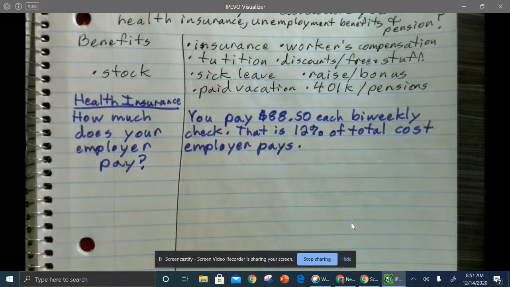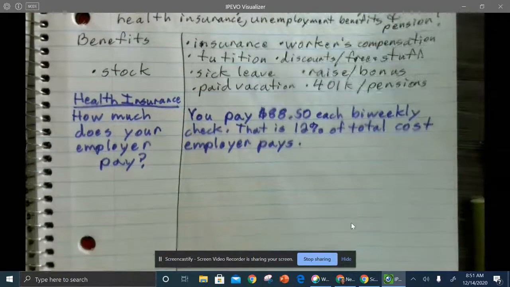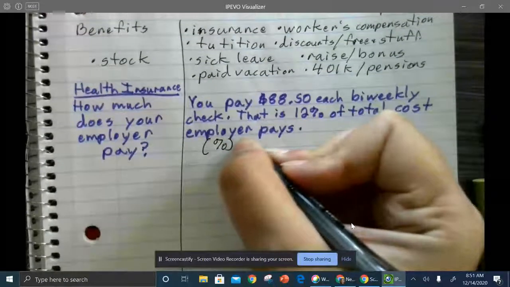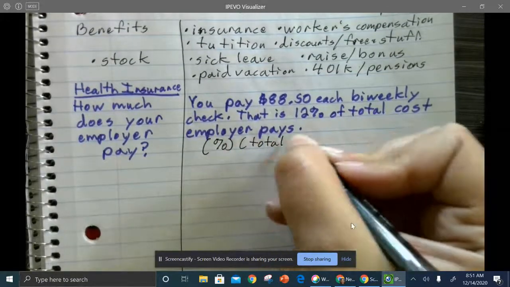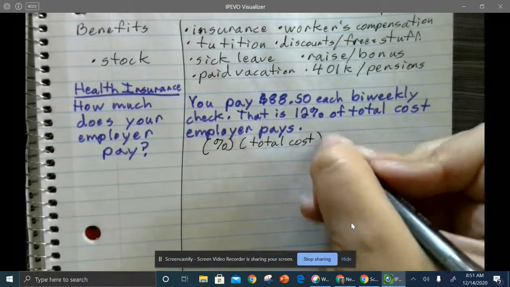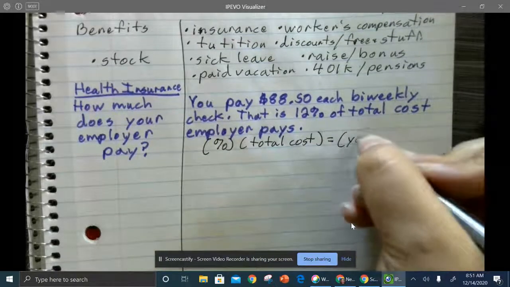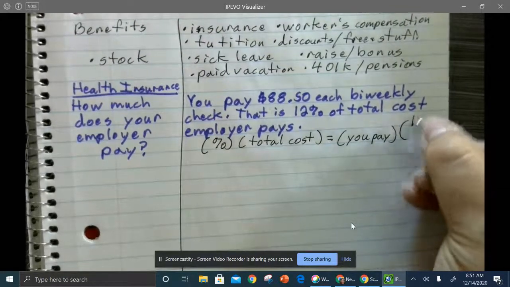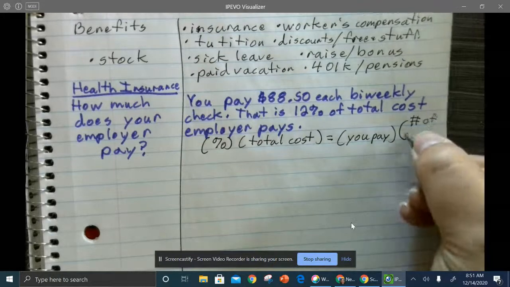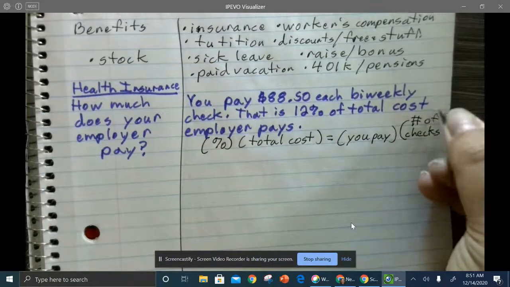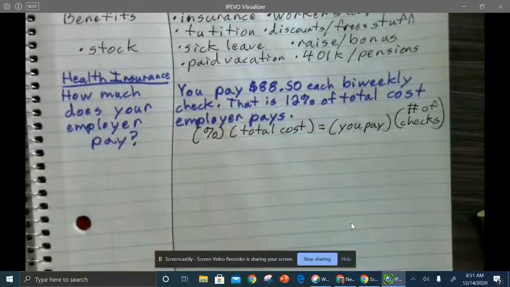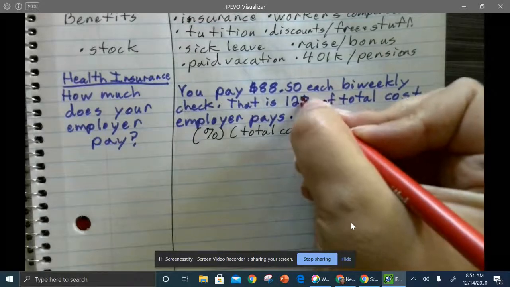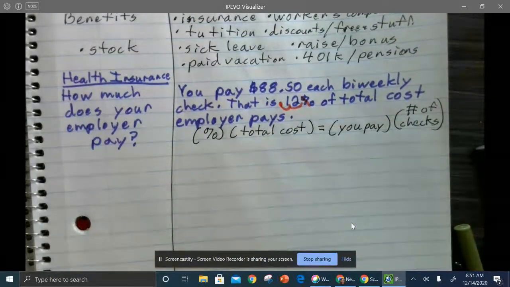Okay. So we're going to use this, everybody. So it's going to be the percent times the total cost is equal to the amount that you pay times the number of paychecks that you get, so the number of checks per year. Okay, so we're going to do 12% as a decimal. Okay, just drop the percent sign and go to the left, add the decimal and the zero.